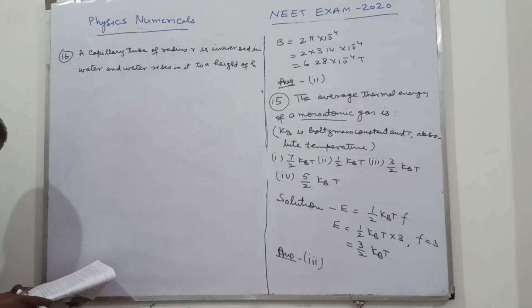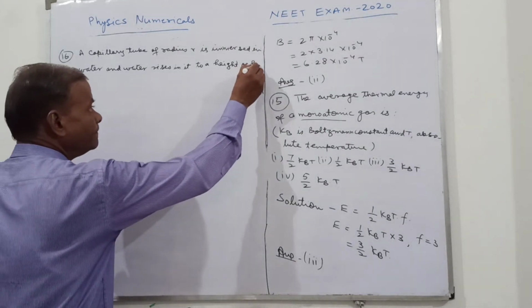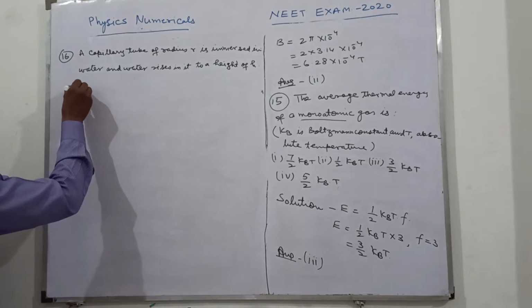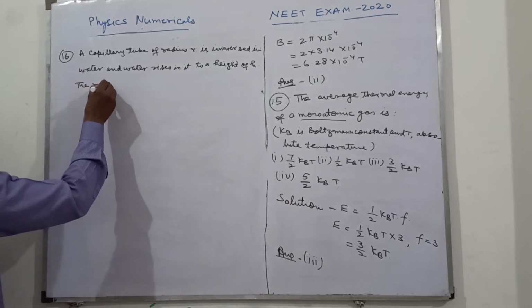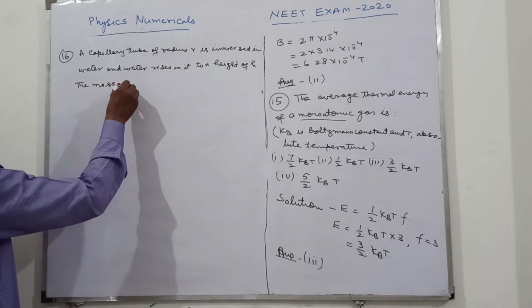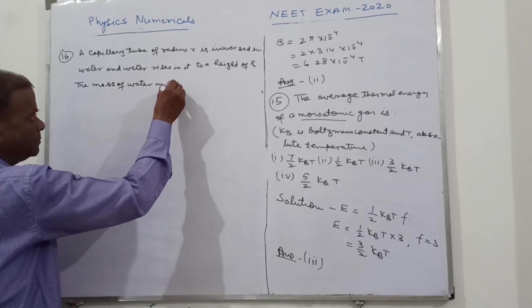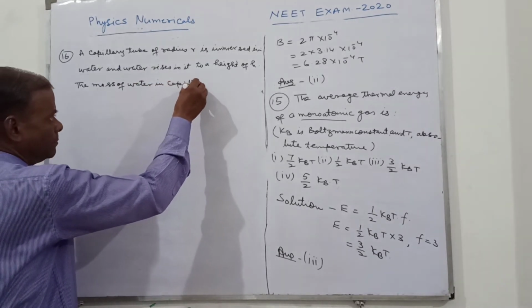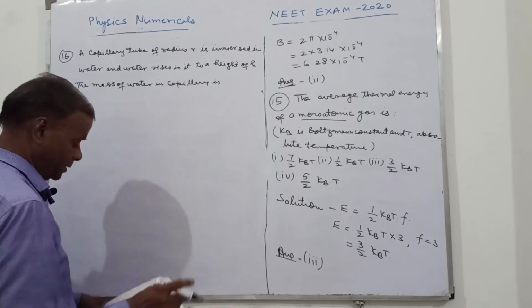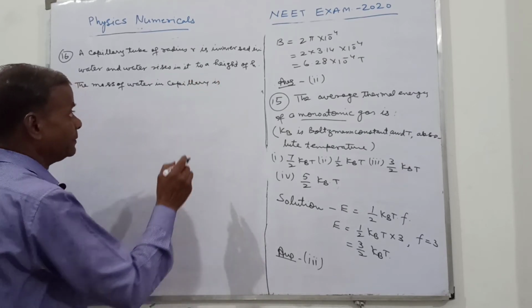The mass of water in the capillary is 5 grams.